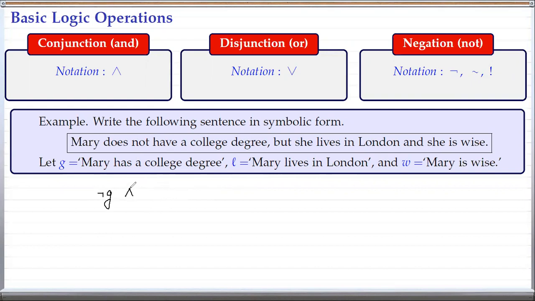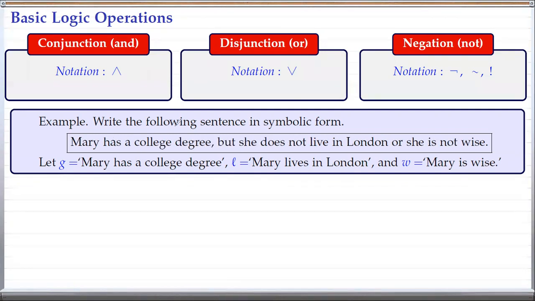Again, since these three are connected by and, I can group them in any way I like. I can put the first two in one group and then connect with the third one with and, or I can also write this as not G and L and W. So either one is perfectly fine.